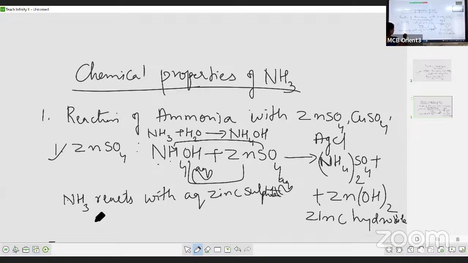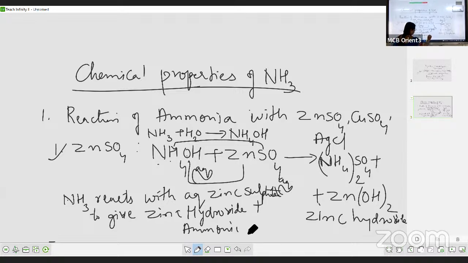Ammonia reacts with aqueous zinc sulfate to give zinc hydroxide plus ammonium sulfate. The statement and reaction carry equal marks.